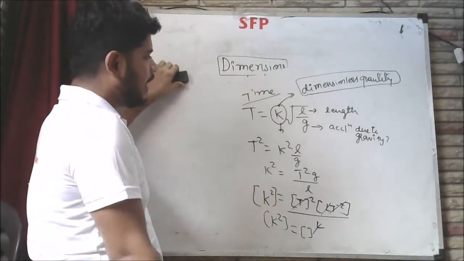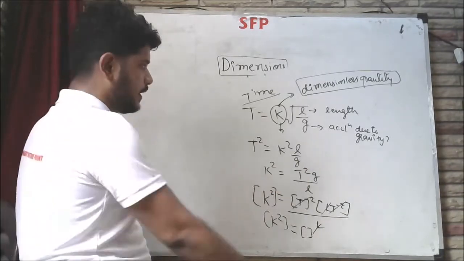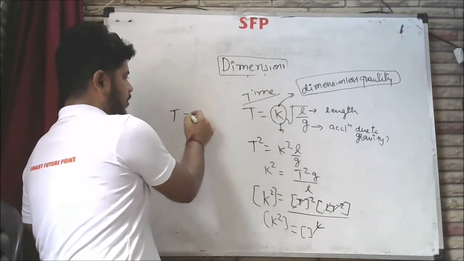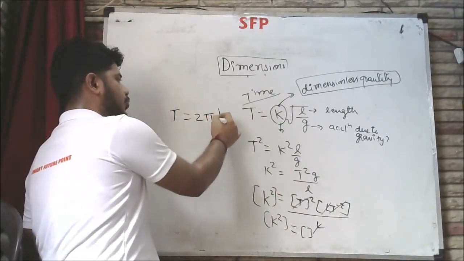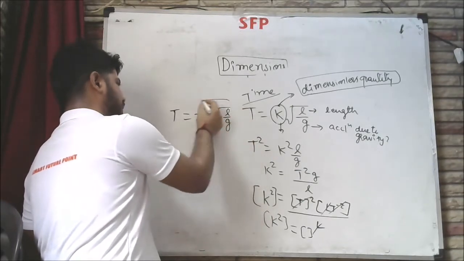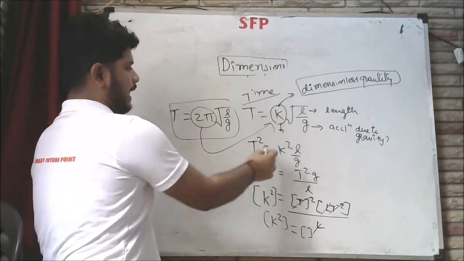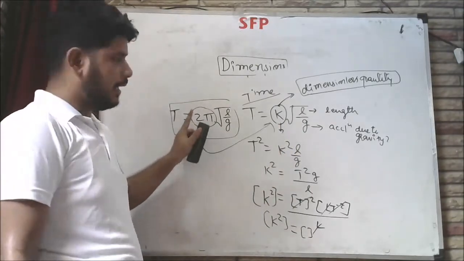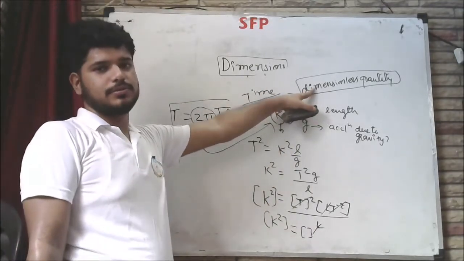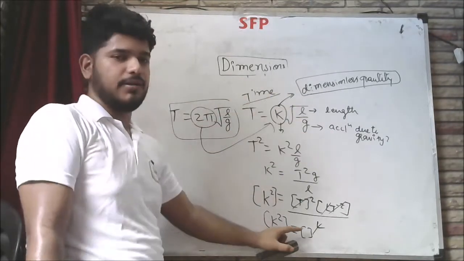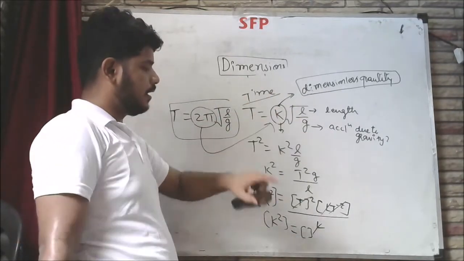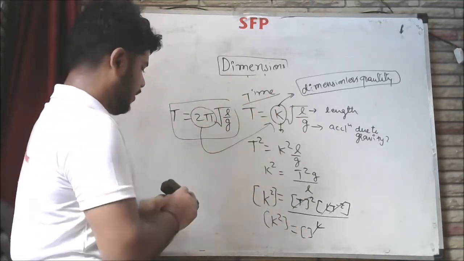Fine. And if you are very familiar with physics, you know this formula: T is nothing but 2 pi root over L by G. This proves that the value of K is 2 pi, and 2 pi is dimensionless. So it is verifying our answer that it is a dimensionless quantity.